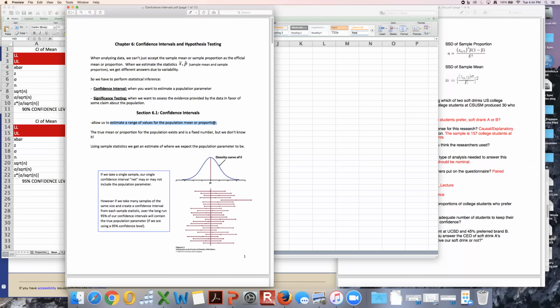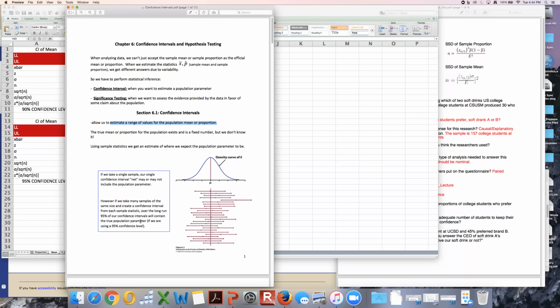This is our sample right here. So when this falls within the interval, we can then be confident that our intervals contain the true population parameter, okay, using the confidence interval.